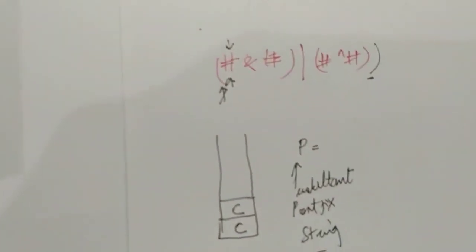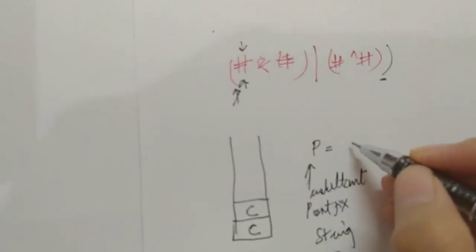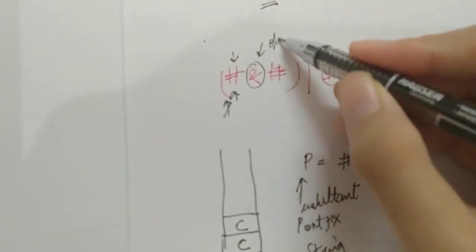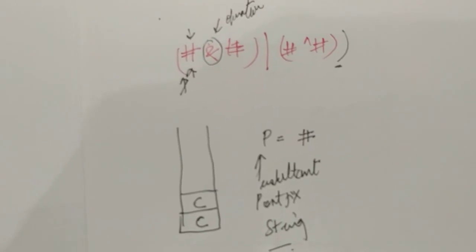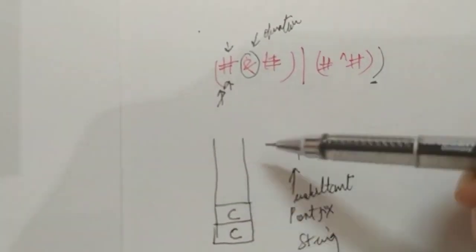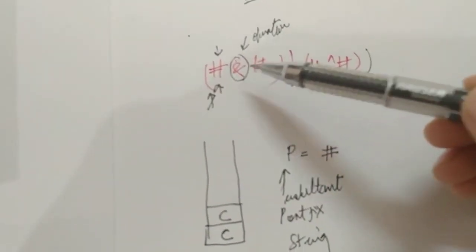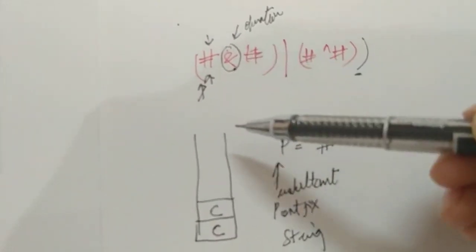When we encounter an operand, add it to P. When we encounter an operator, we have to pop all the operators which have precedence equal to this operator or less than it.